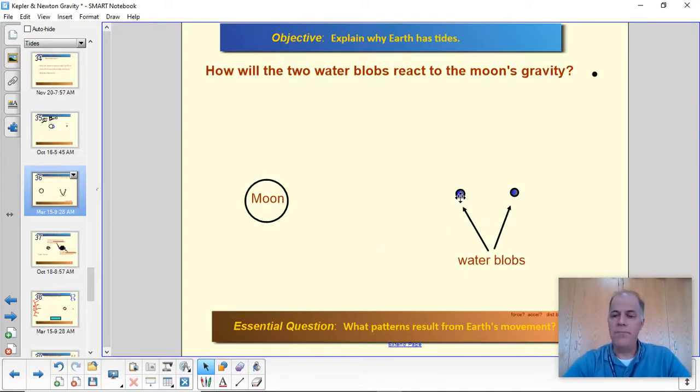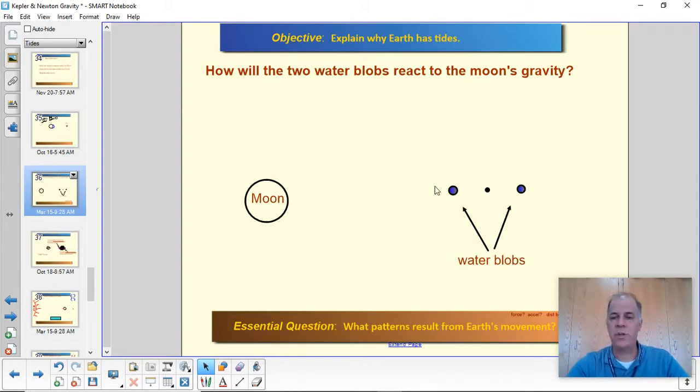Okay. Now, what if we put in a rock? So we bring in a third body, a little rock, and we put it right between the two blobs of water. We let them go, and they all fall in toward the moon. Now, the same thing's going to happen. We have three things moving in toward the moon, and as they fall, they're going to get farther and farther apart. If we tie them together with springs, those springs would stretch.